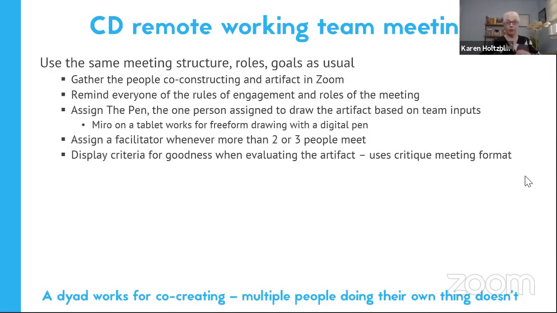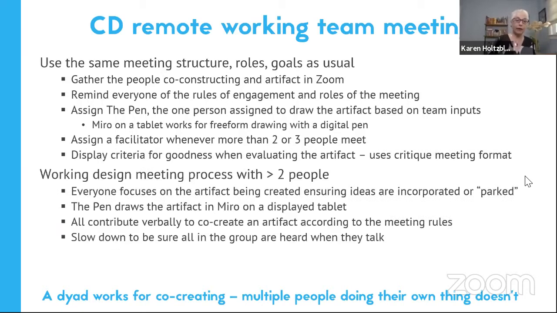We're going to put it in Miro, okay? Don't try to construct it in Miro. You really want a tablet and a pen for a vision. You're going to assign a facilitator whenever there's 3 people or more, right? And you're going to display your goodness criteria, your business mission, things that people need to have in front of your face, same as the critique meeting format.